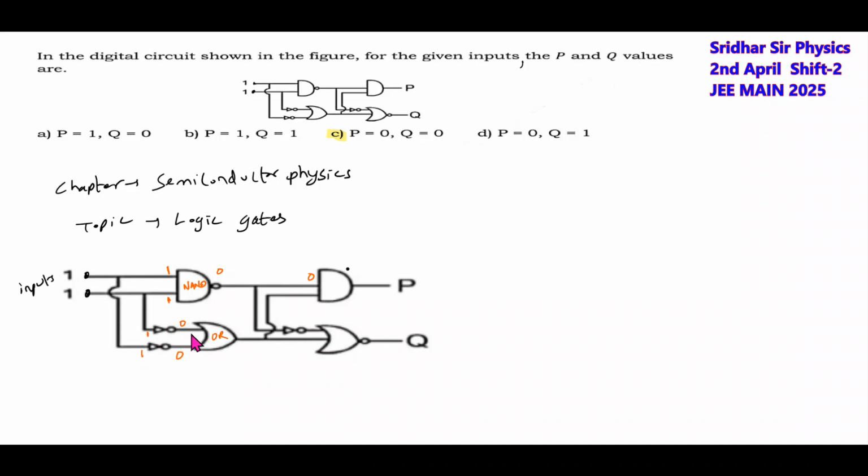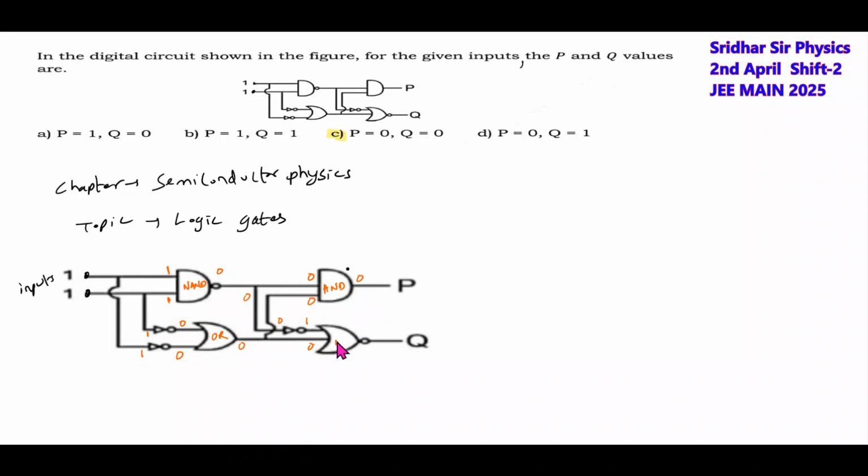And there is an OR gate. If both inputs are low, the output will be low. Now we are having 0. Here the connection is like this, this will be 0. For the AND gate, when both inputs are low, the output will be low.